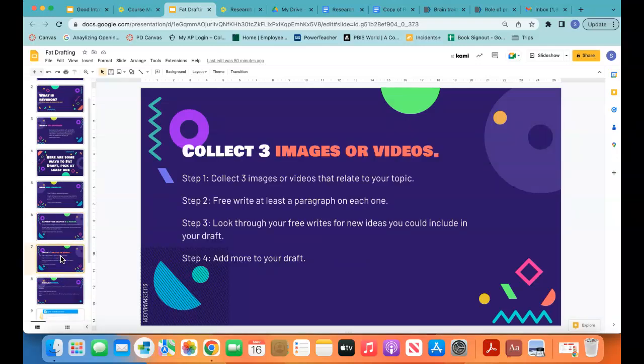And then if you do not want to expand in an area, you can also free write. So there are 2 ways to do that. 1, you can collect 3 images or videos that relate to your topic. Then on a separate piece of paper, you're going to free write about those images or topics.